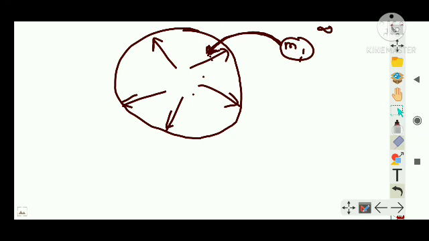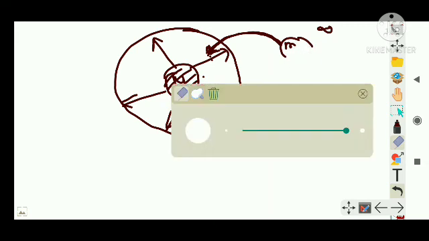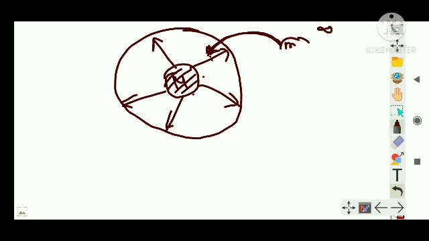Let's say this is a capital M mass, so it will be very easy, and let's say this mass is m. If I want to bring the small mass m from infinity, this work will be done by an external agency. So an external agency is doing work to bring this mass m to some position relative to this mass. The work done is called the potential energy of that mass.